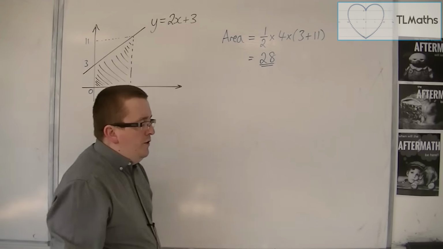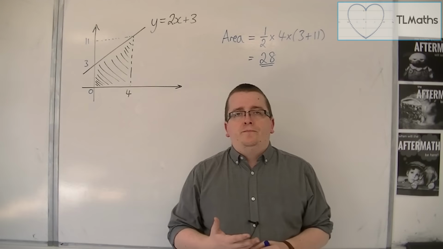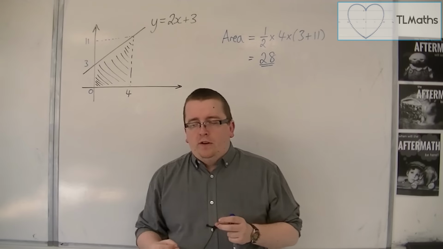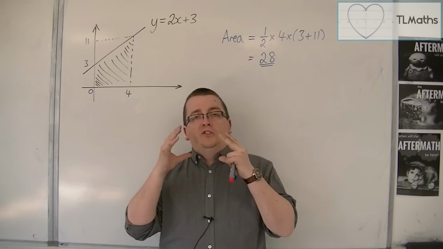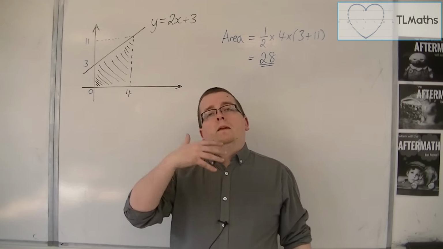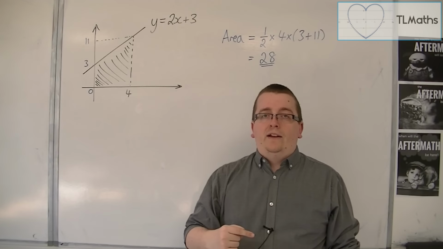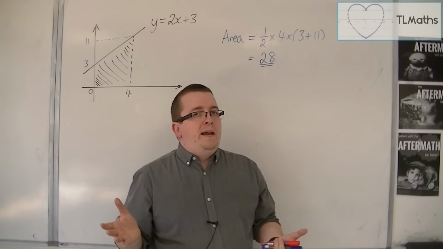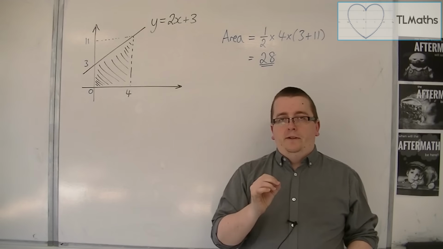Now, why would we be looking at that, having just looked at integration? Well, the thing is that integration actually will allow you to find the area between a line and the x-axis. It will also allow you to find the area between a curve and the x-axis and find that exact area, not an estimate, not like the trapezium rule or using the rectangles, but an actual correct answer.